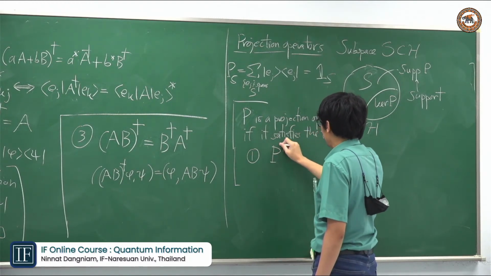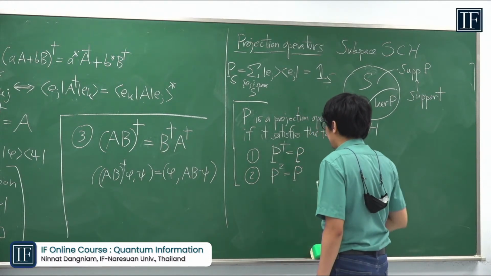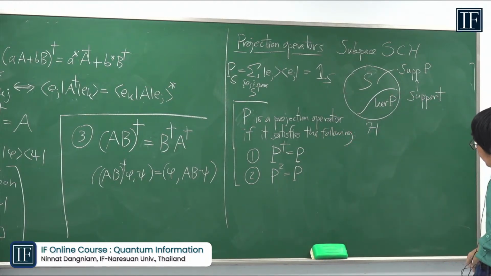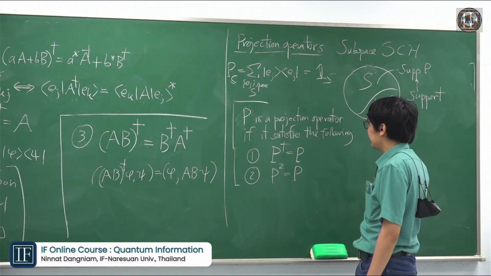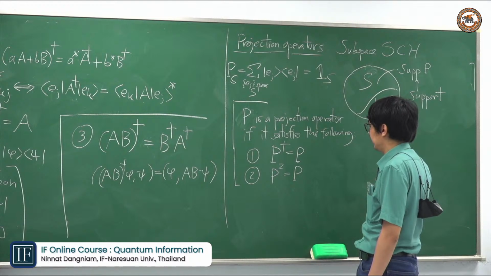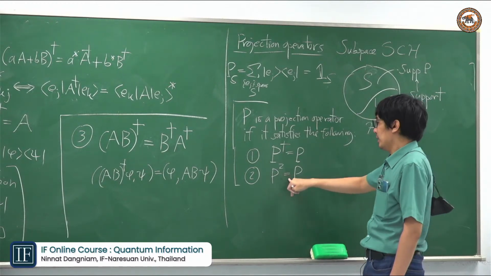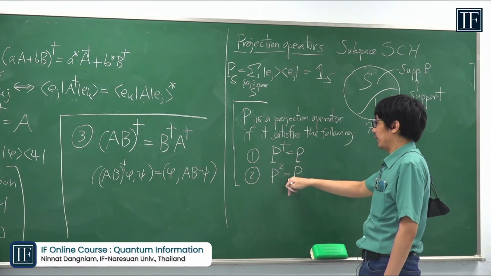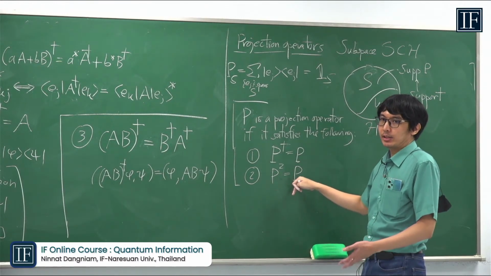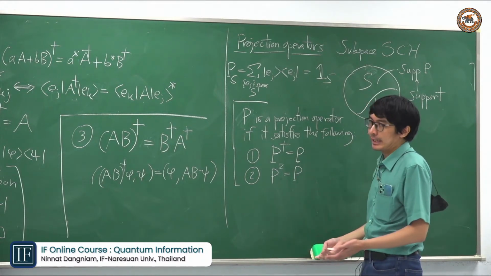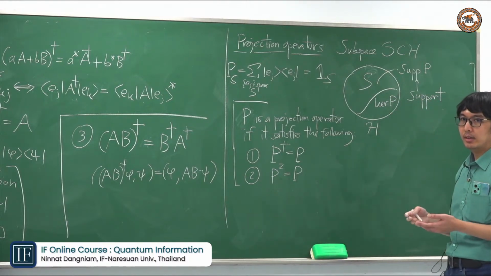P itself is Hermitian and P squared is the same thing. So I think the second property is clear, right? What it means is just if I project a vector onto some subspace and then keep projecting it, nothing is going to change, because I already got rid of the part orthogonal to the subspace, and then it acts as the identity on the subspace itself.